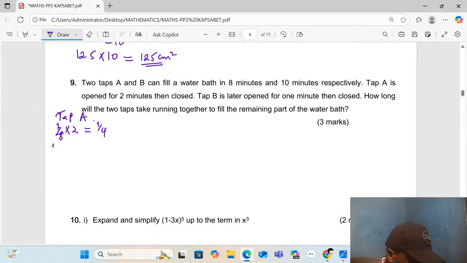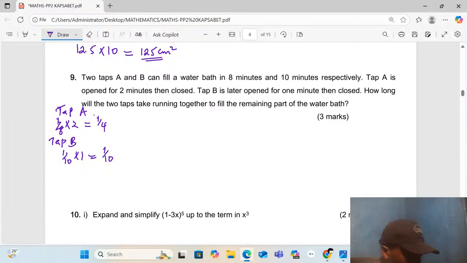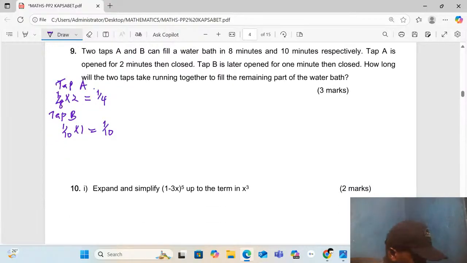Then tap B, it takes 1/10, but it was open for a minute. That means it only had 1/10 of the total.